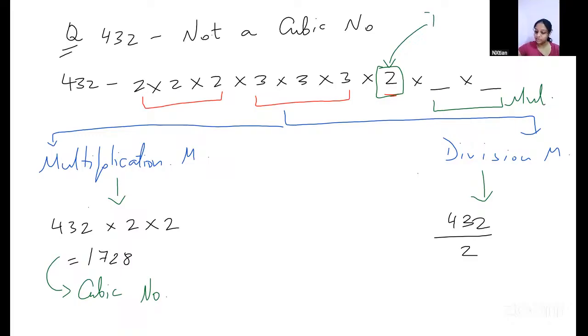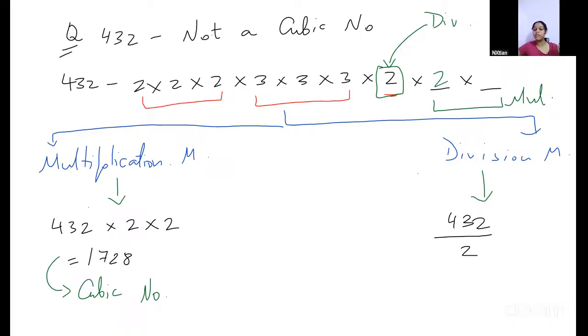Suppose I had two 2s here, and one 2 was missing. Then what would I have multiplied with? Only one 2, because only one 2 is missing to complete the triplet. Now, suppose in division, two 2s are given to me.